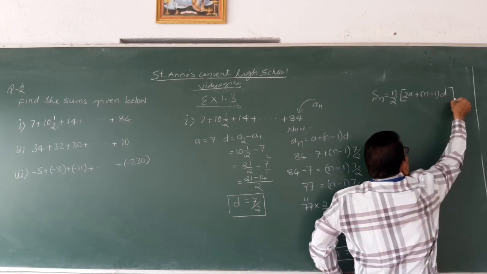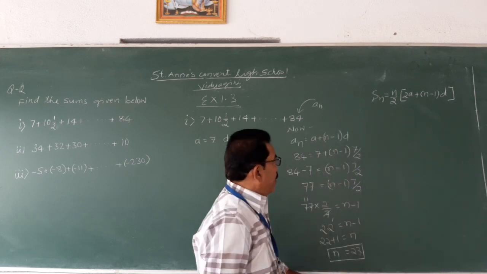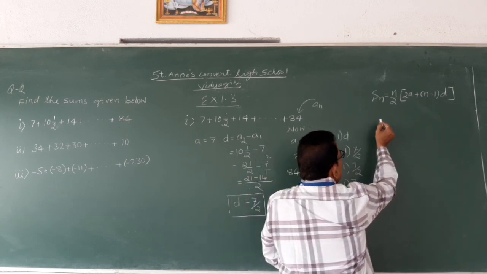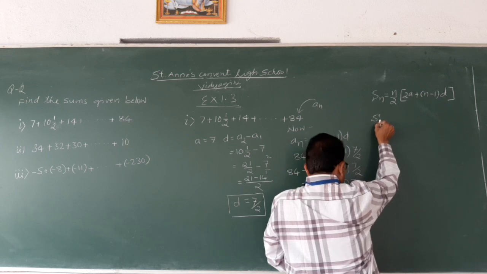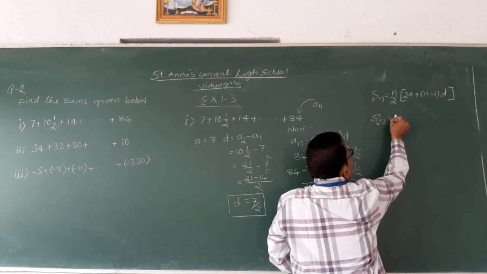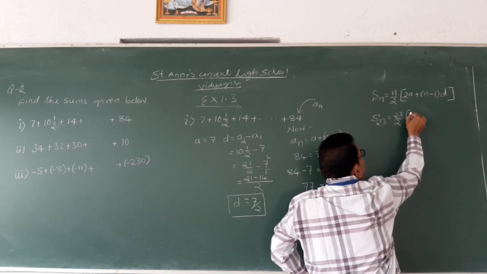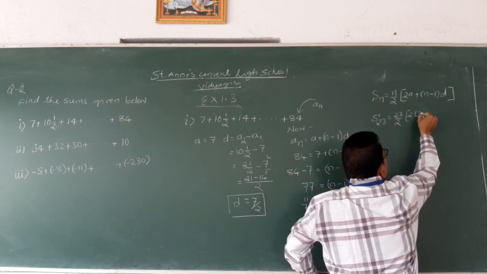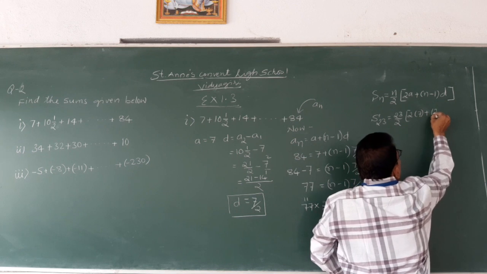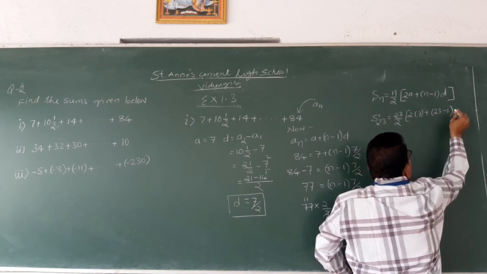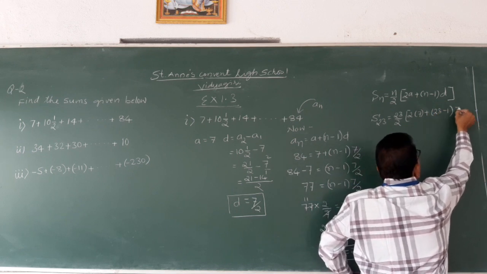So S23 equals 23 by 2 in the bracket 2 into 7 plus 23 minus 1 into d, 7 by 2.